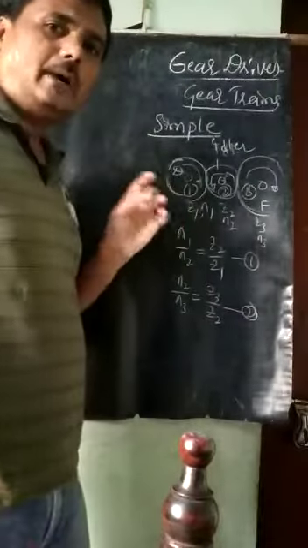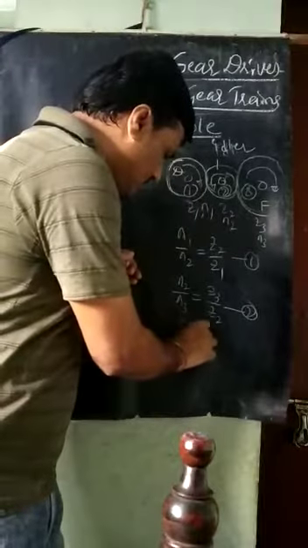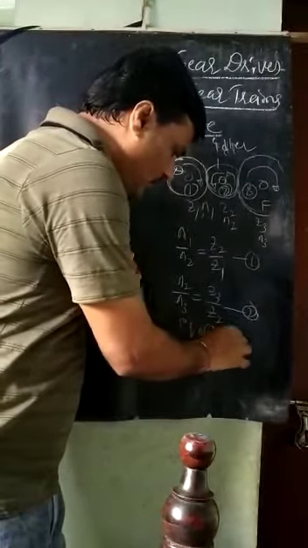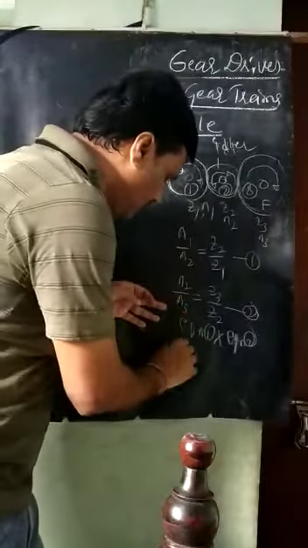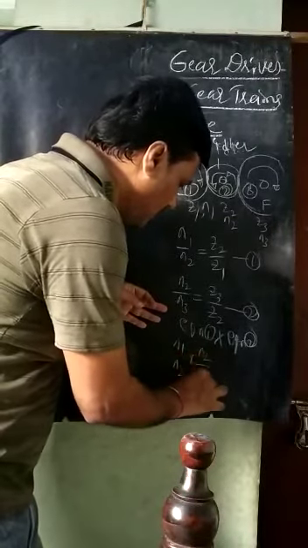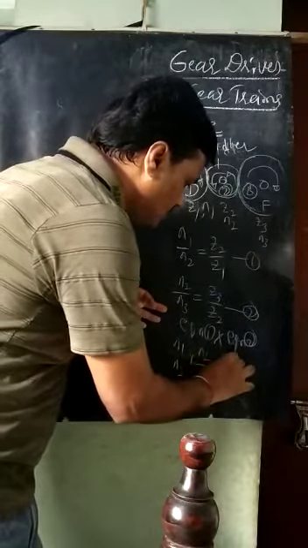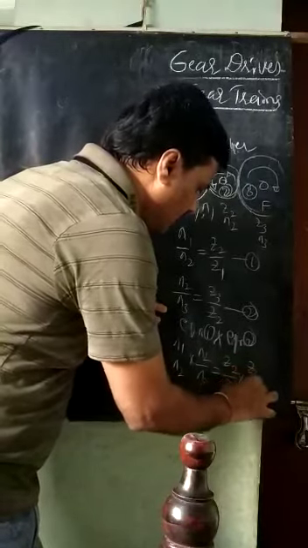What I will do is multiply equation number 1 and equation number 2. So N1 divided by N2 into N2 divided by N3 is equal to Z2 divided by Z1 into Z3 divided by Z2.